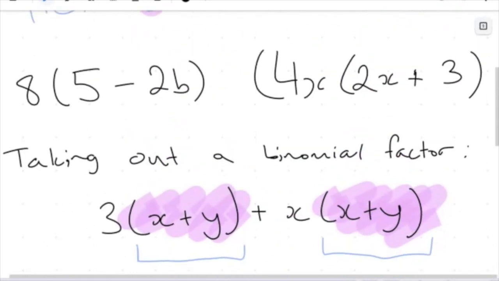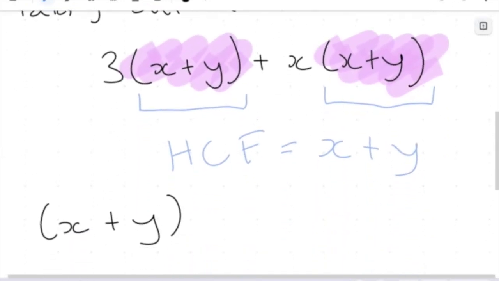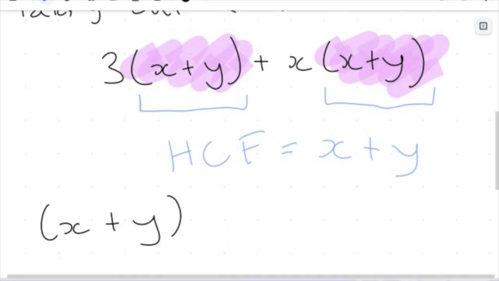So instead of, for example, 4x here, I've just put brackets just to signify that these terms are being added. So I'm pulling that in front. And now I want to see in this bracket what was multiplied by x plus y to get me 3 outside of x plus y, and also what was multiplied by x plus y to give me x outside of x plus y.